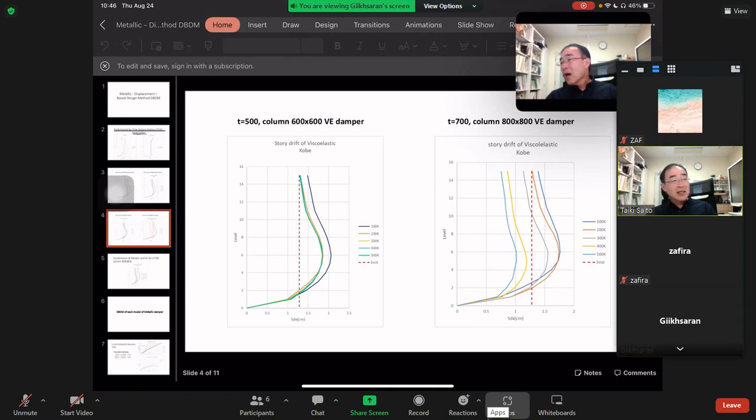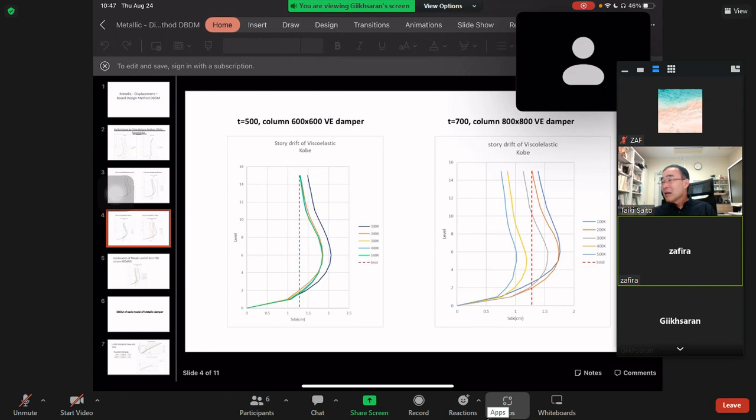Well, I have one theory. Zafira-san, do you have any idea why the difference of result between damper capacity is wider in the right figure compared to the left figure? Probably the 500 thickness is more flexible compared to the 700 thickness.